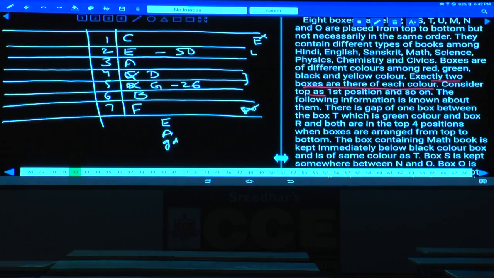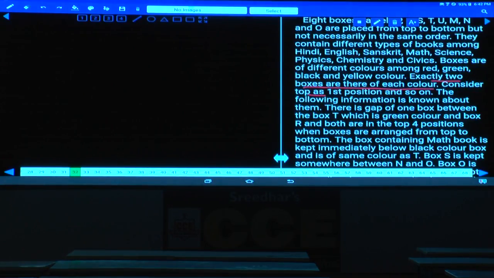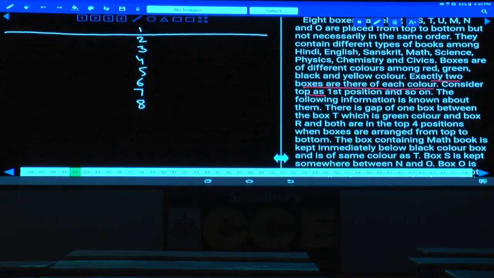Consider top as the first position and so on. This is 1, 2, 3, 4, 5, 6, 7 and 8.